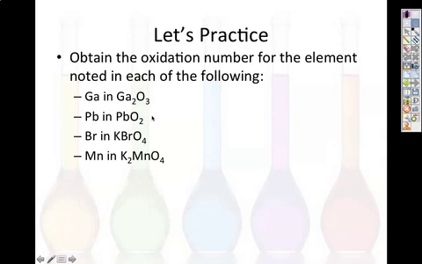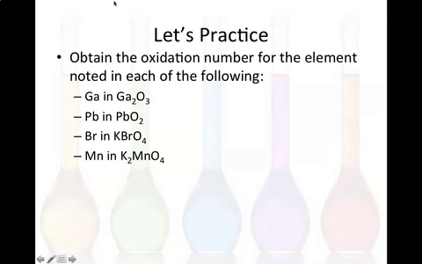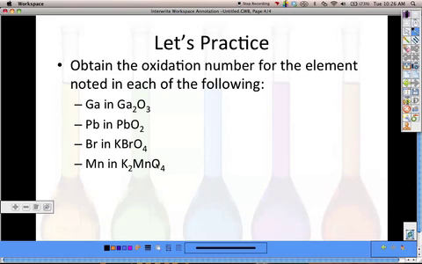Okay, if we're looking just for the manganese in this compound, again, oxygen is always going to be a 2 negative. And we've got 4 of them, so we have a -8.